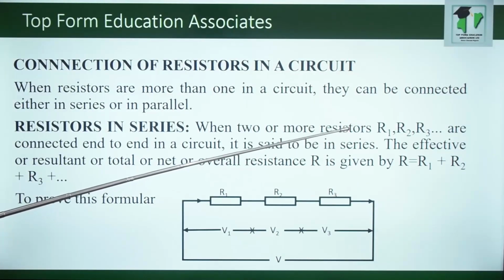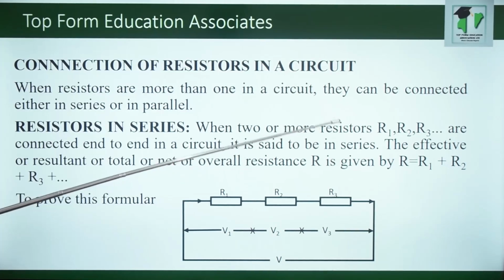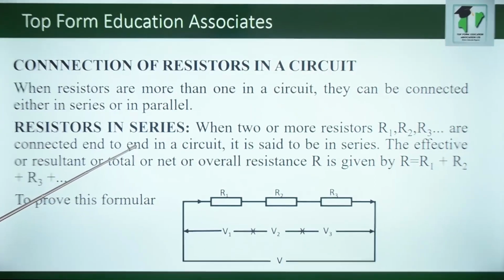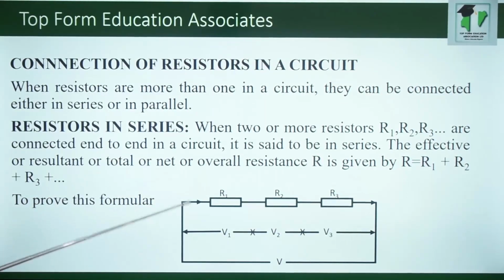R represents resistor. So the first one, the second one, the third one are connected end to end. This end is connected to the end of these two. Are you following it?